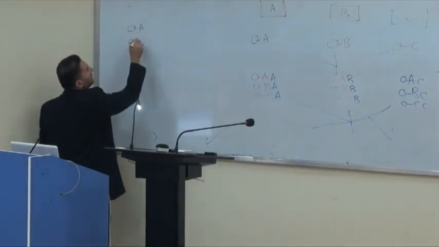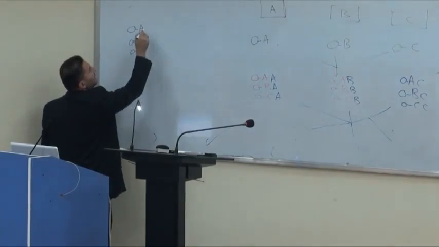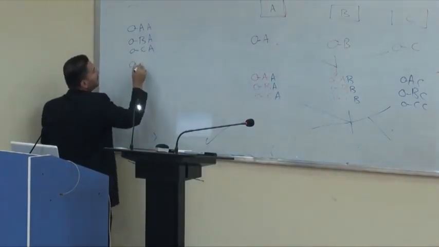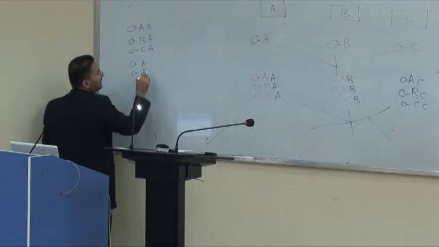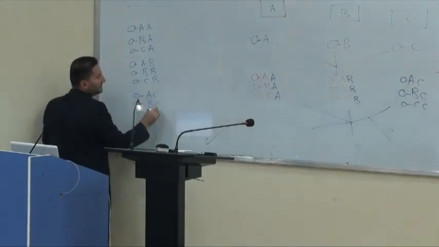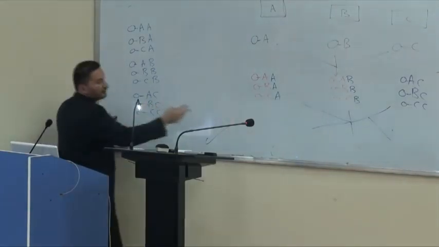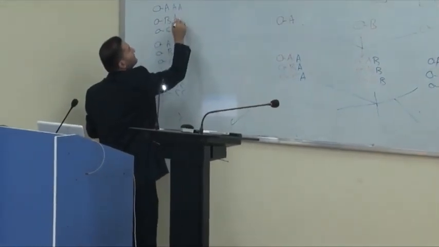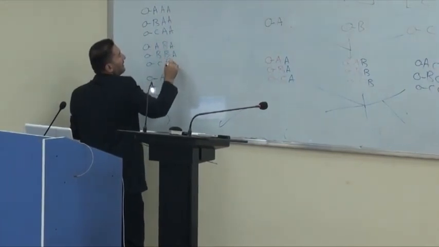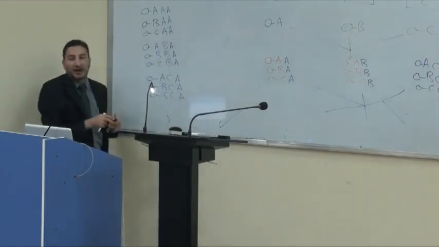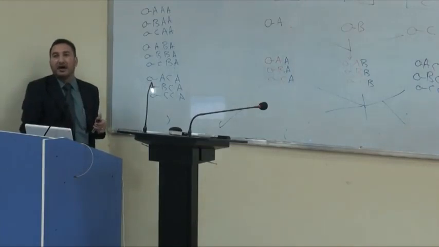Container A: protected A, protected B, protected C. Added A. Second container: protected A, protected B, protected C. Added B. Protected A, protected B, protected C. Added C. After separation, we add only amino acid A. This container contains 9 tripeptides.